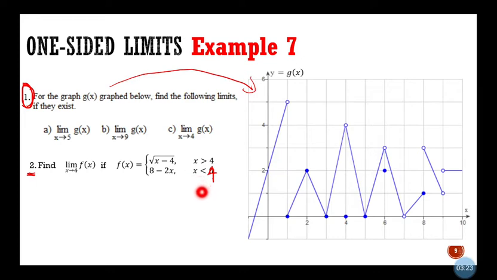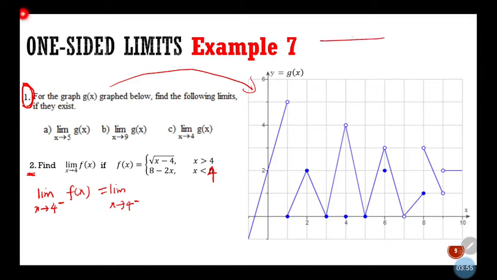Remember, when we want to find the limit of a function, what we have to do first is find the limit as x approaches 4 from the left. If it is from the left, which function corresponds, the first one or the second one, x less than 4 or x more than 4?